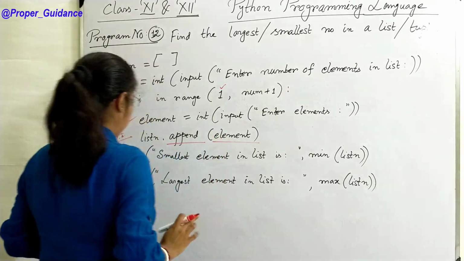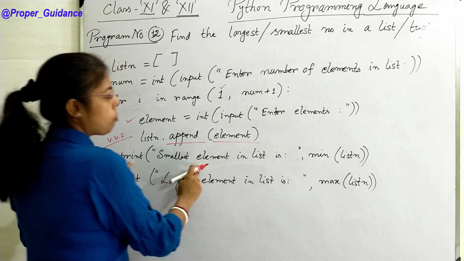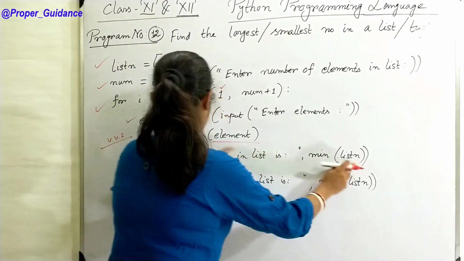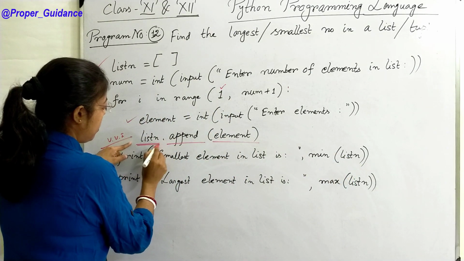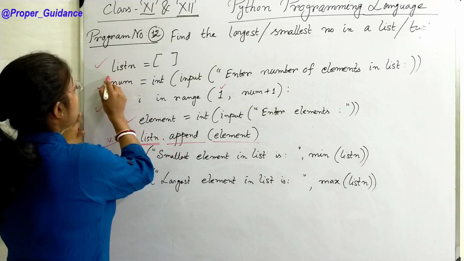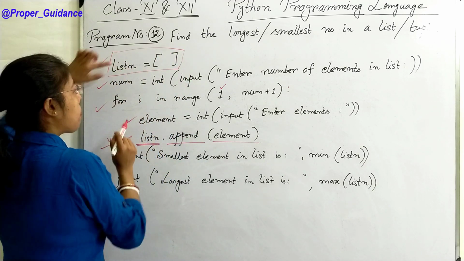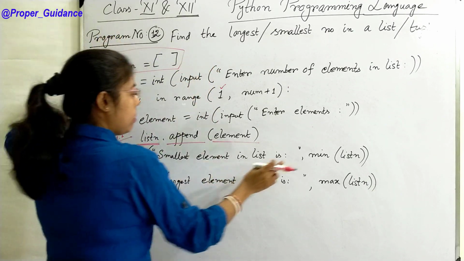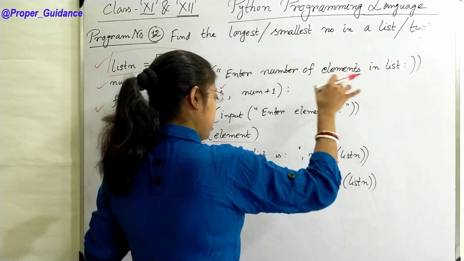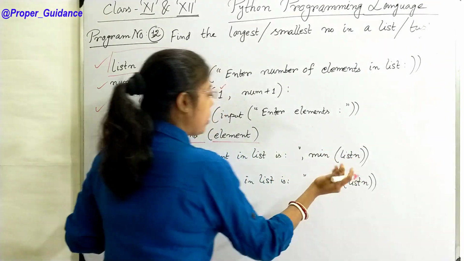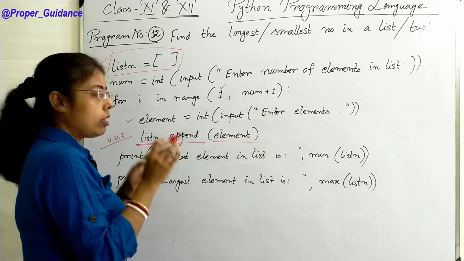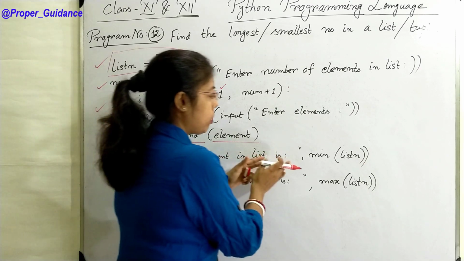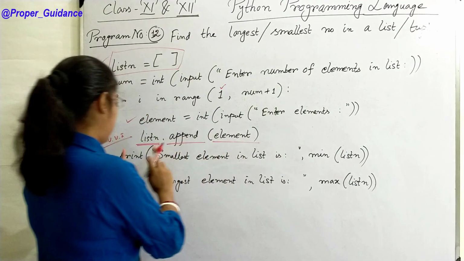So append this one. After that, print smallest element in list is min of list_in. This variable is the list or tuple. After appending all the elements, the min method will be applied there, and it will give you the smallest element in that particular list, and it will print here.